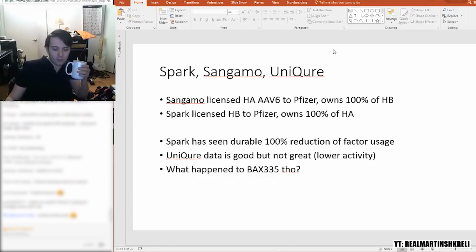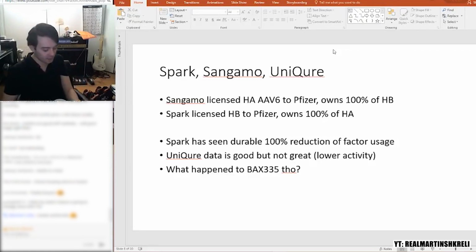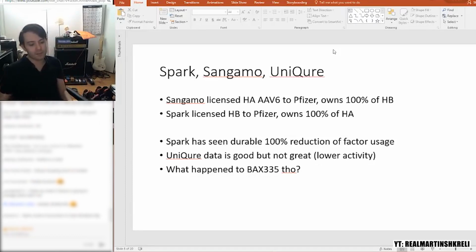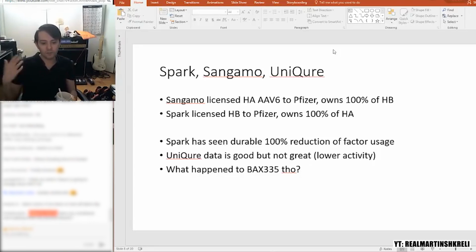Well, Spark has shown their data, and their data shows that there's almost a 100% decline in usage of the recombinant factors, factor 8 and factor 9, I should say, which, if you think about it, is really amazing for patients who their whole life had to manage bleeding with these constant infusions.